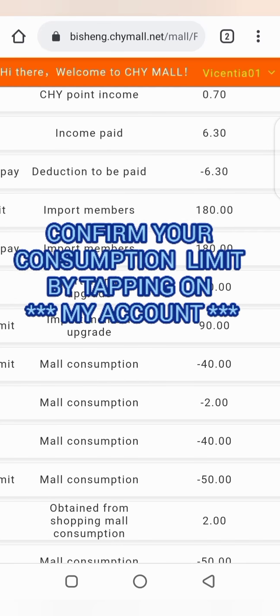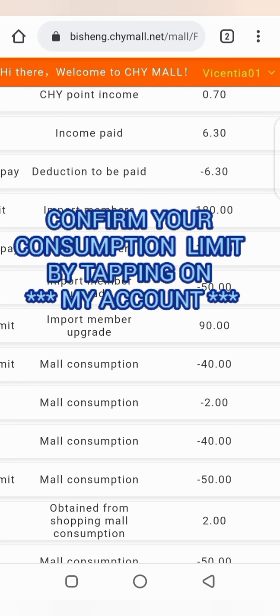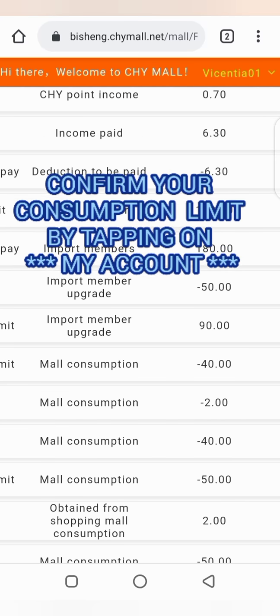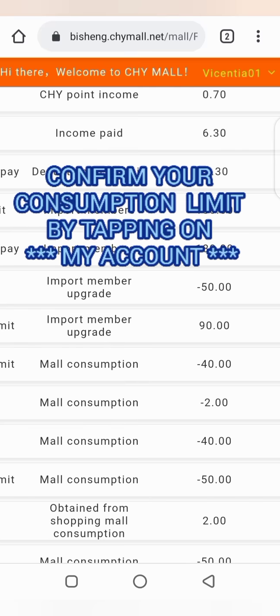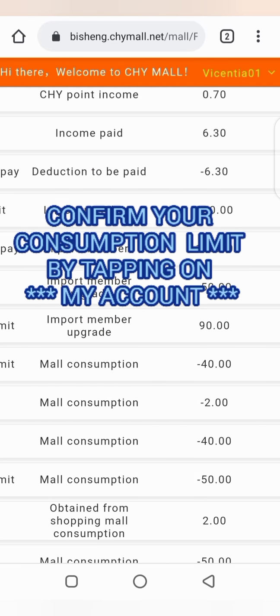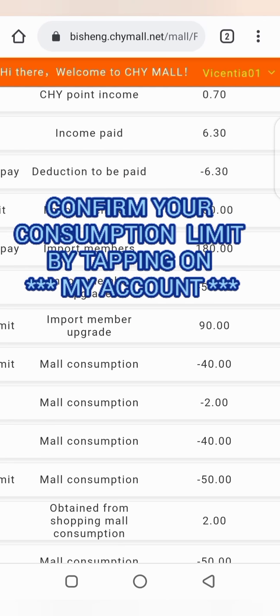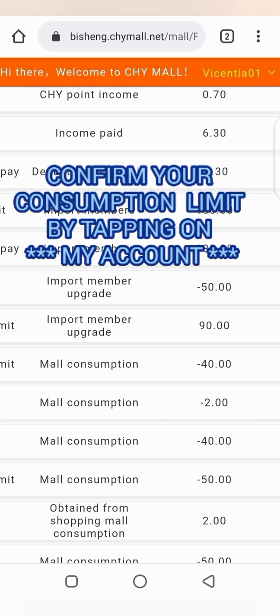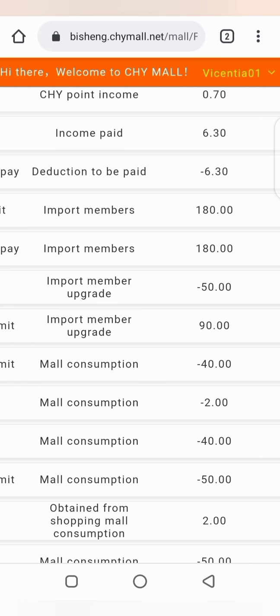So anytime your account is credited, your consumption limit is again given to you. For VIP2 your consumption limit is 90, for VIP3 your consumption limit is 180. That's why you can't buy again anytime you've purchased from the new retail and the wholesale. You can't go to the system again to purchase your product unless your account is being credited, and it will be credited also with a consumption limit.